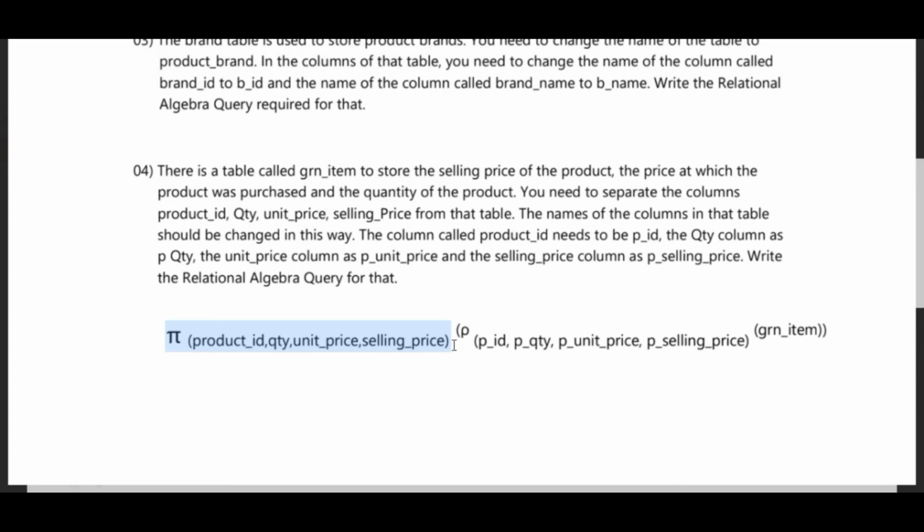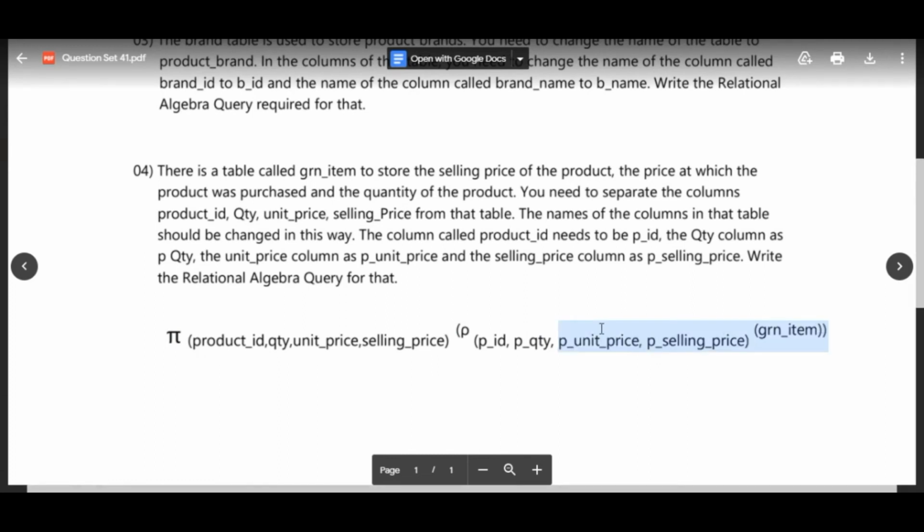There is a projection operation, and inside this bracket they have mentioned the GRN item.